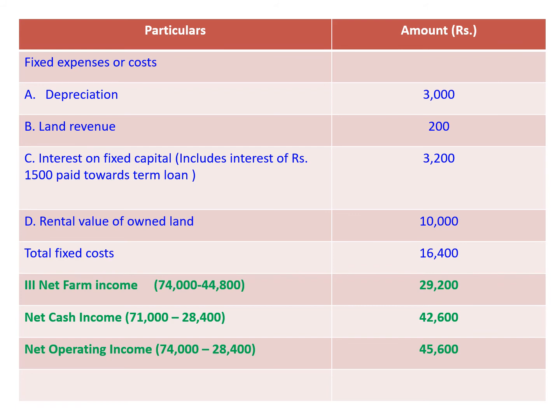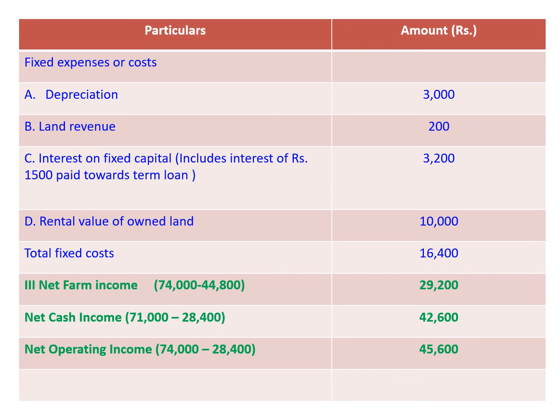The formula for net cash income is gross cash income minus total operating expenses. So 71,000 is our gross cash income minus our operating expenses of 28,400. So our net cash income is 42,600 rupees.